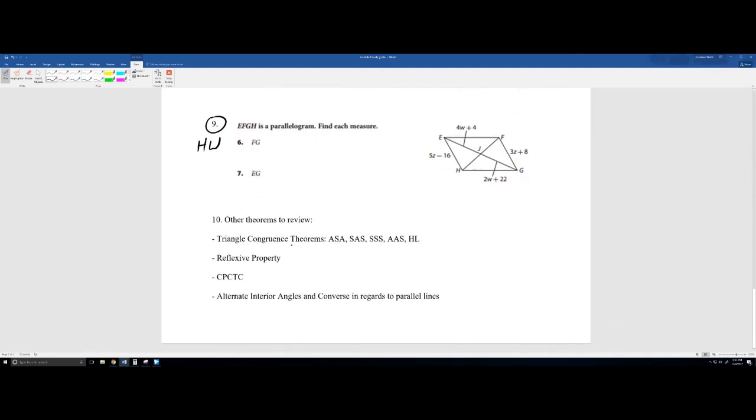Now, other theorems to review: make sure you review the angle-side-angle, side-angle-side, angle-angle-side, and hypotenuse-leg triangle congruency theorems. Be aware of those in proofs. For example, if I was to show that these two triangles were congruent to one another, and we had this side congruent to this side, and this side congruent to this side, that is side-side-side triangle congruency.